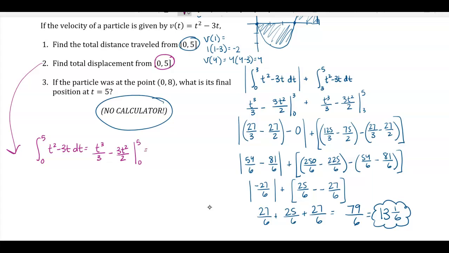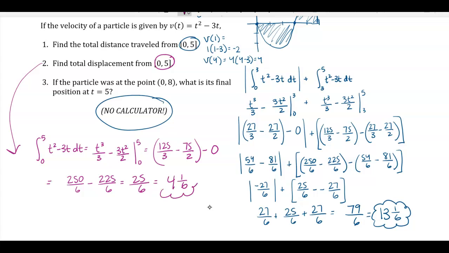We kind of already did this, but if we put the 5 in, we get 125 over 3, and then this is 75 over 2. If we put zeros in, we just get 0. Let's turn these into sixths. So 250 over 6 minus 225 over 6. We get 25 over 6, which is 4 1/6. So that's our displacement.